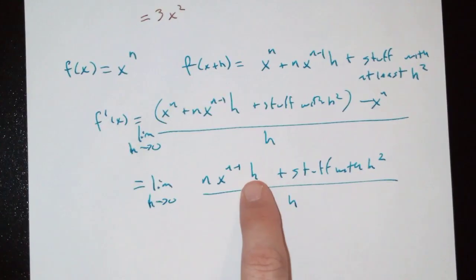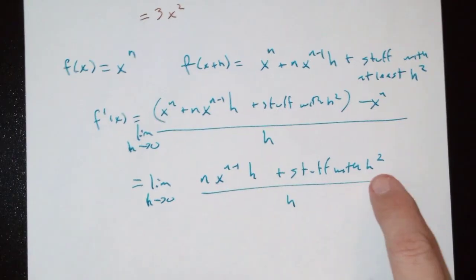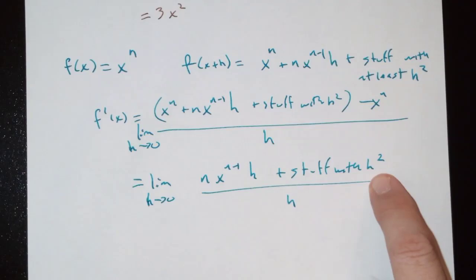What's going to happen to this h with the one on the bottom? And all of these things, instead of having at least two h's, now have at least one. But they all have at least one.